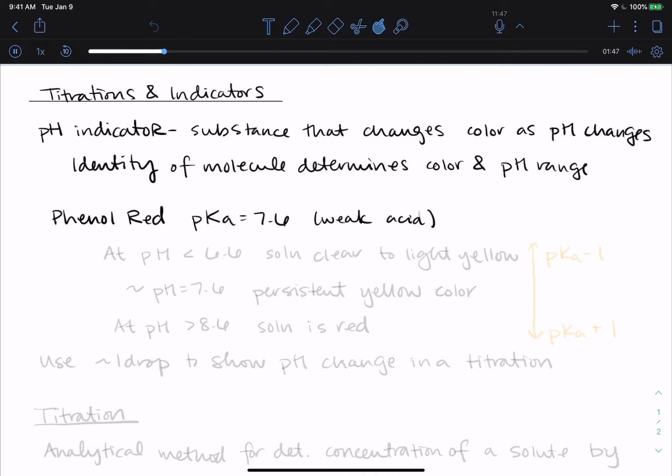And what we find for phenol red is that if you have a pH less than 6.6, the solution is clear to light yellow. Right around a pH of 7.6, you have a persistent yellow color.